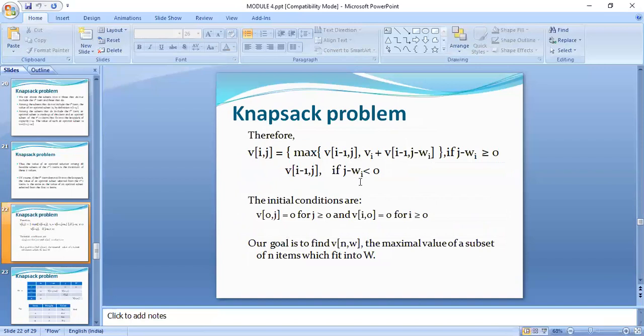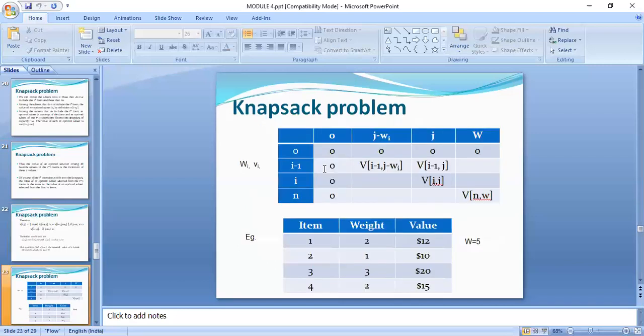How will you identify the remaining capacity? If j minus wi is less than 0, it means that you cannot fit the current item into the knapsack. So we will not calculate anything; we will just move ahead with the previous value. Suppose I am at the third item.